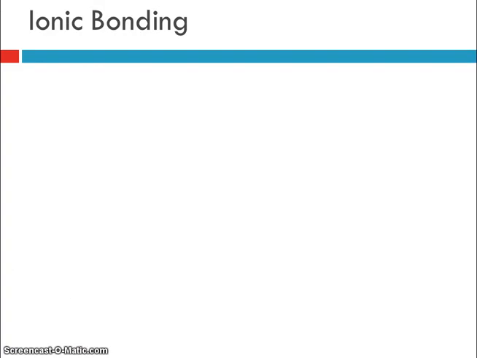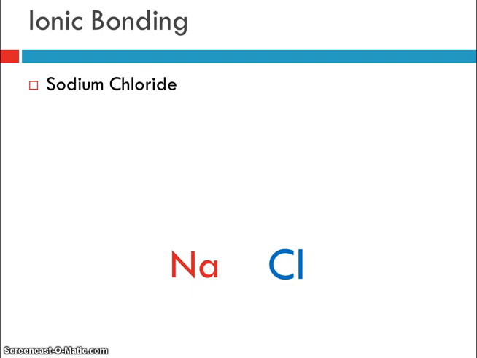Next, we will be moving on to ionic bonding. Let's use the example of sodium chloride. Sodium has how many valence electrons? 1. And chlorine has how many valence electrons? 1, 2, 3, 4, 5, 6, 7.